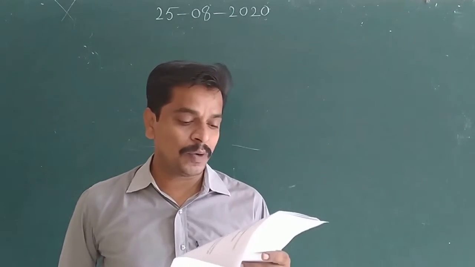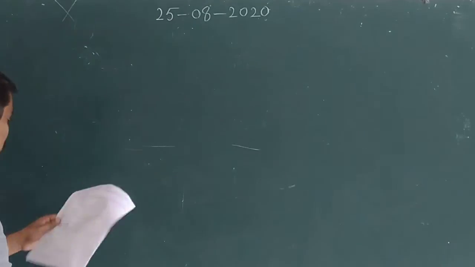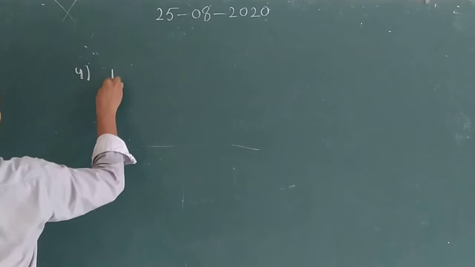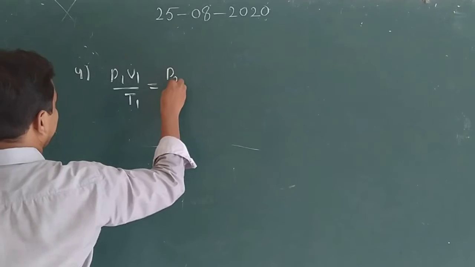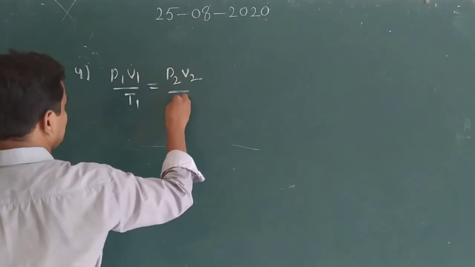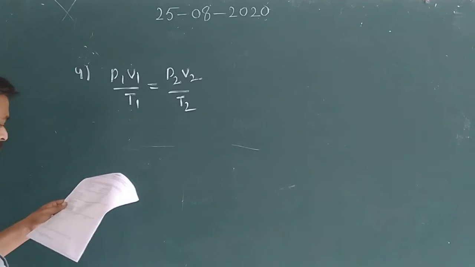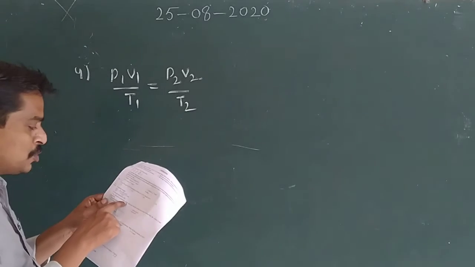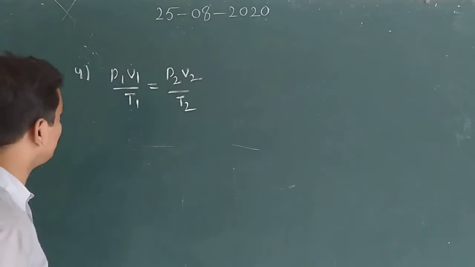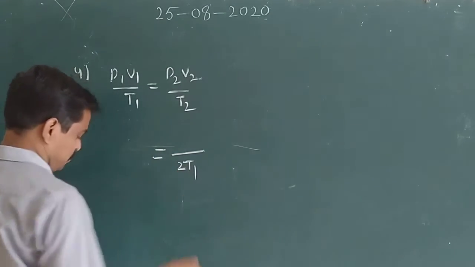So to solve this problem, we have to utilize the relation P1 V1 by T1 is equal to P2 V2 by T2, students. So listen, P1 V1 by T1 is equal to P2 V2 by T2. So first, if the absolute temperature of ideal gas is doubled, means I am going to make T2 as 2 T1, students.